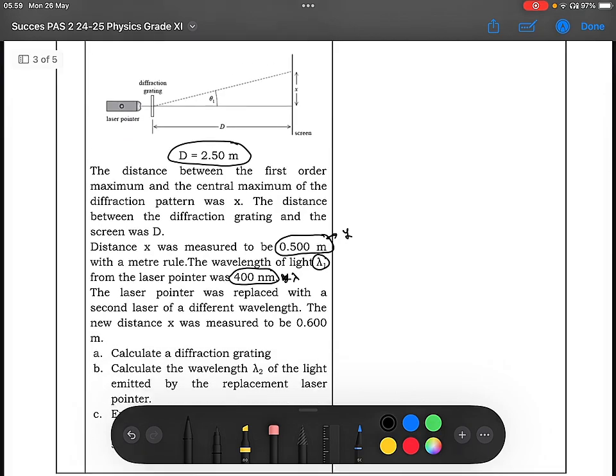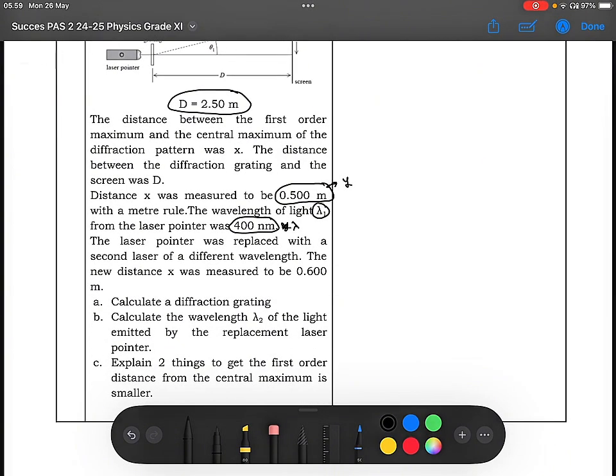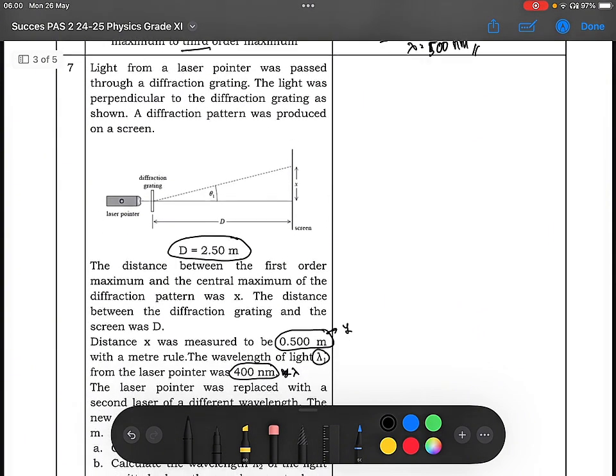The parameters are replaced with a second laser of different wavelength. The new distance X is calculated for the diffraction grating.